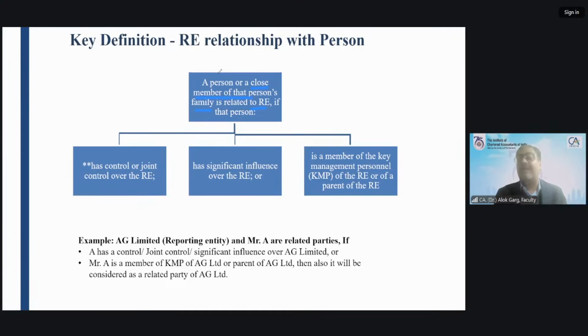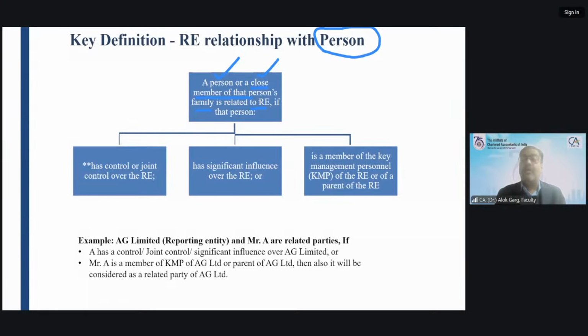So who can be a related party? Which person can be a related party? A person or a close member of that person's family. I will read this like a person or a relative of that person.